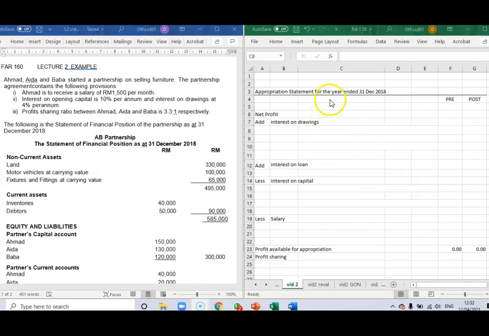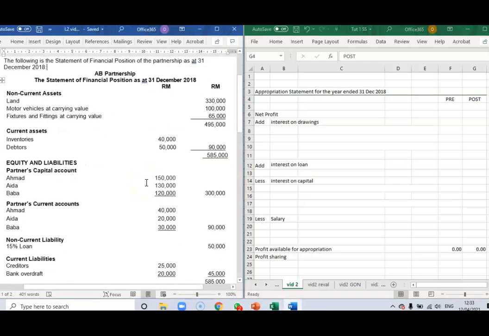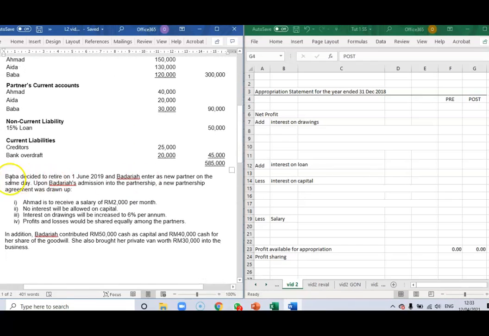So for the appropriation statement, you need to divide into two columns. The first column is pre, meaning before the change, and we have the post column, for after the change. Now look into the question. What is the date of the change? Here it says Baba decided to retire on 1st of June and Badaria entered on the same day.